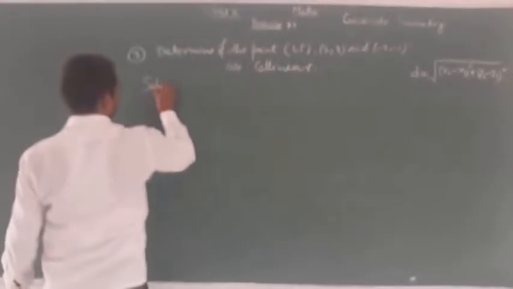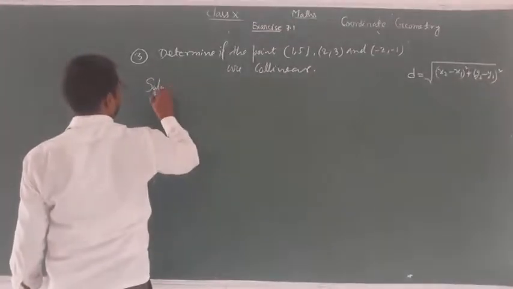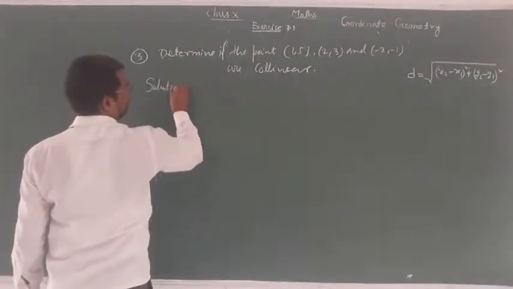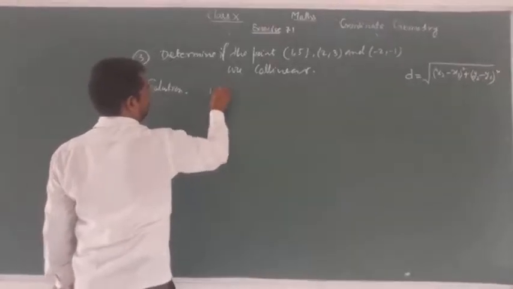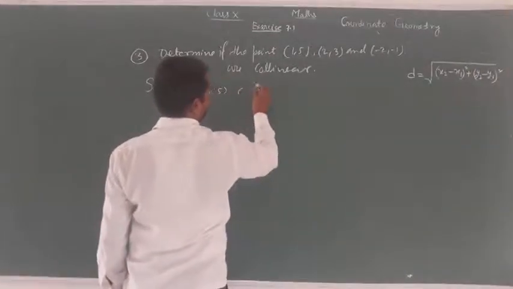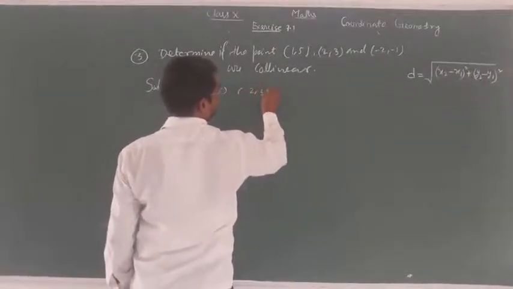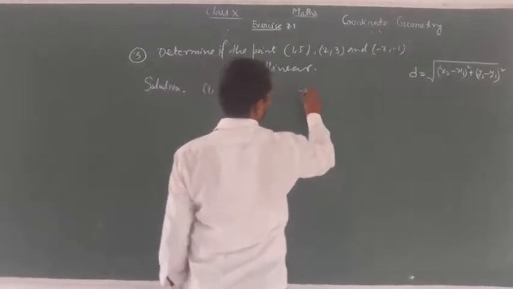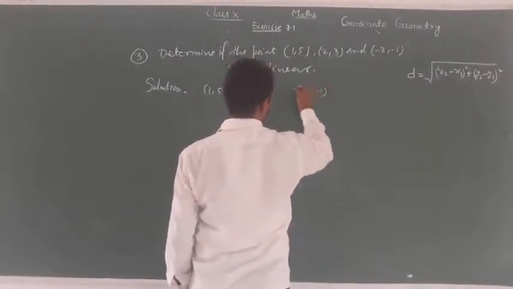So, solution of this problem: (1, 5), (2, 3) and (-2, -1).